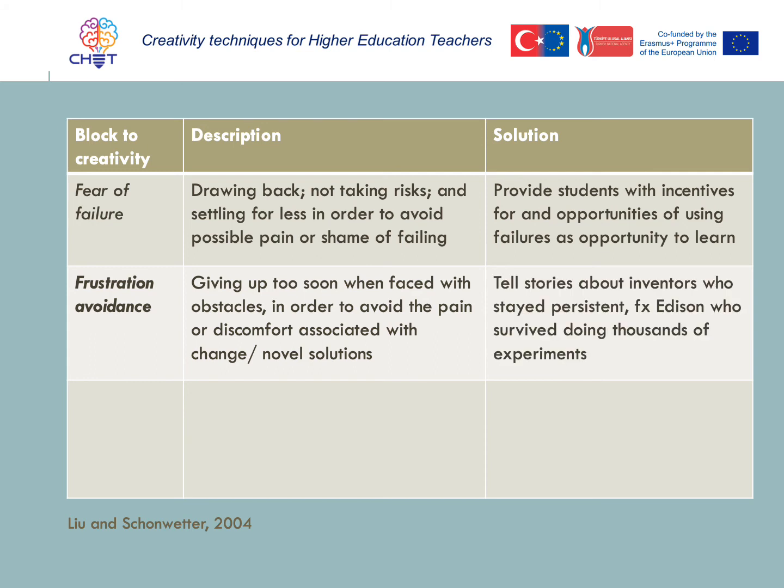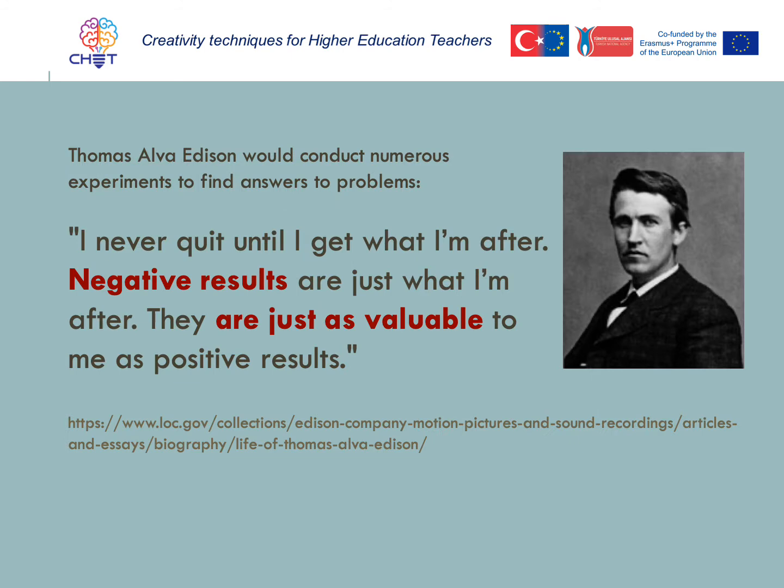you can tell stories about inventors who stayed persistent, because persistence is actually a necessary factor to be creative, to come up with something innovative. As an example, you can take Thomas Alva Edison, who conducted numerous experiments, and we quoted him here: "I never quit until I get what I'm after.